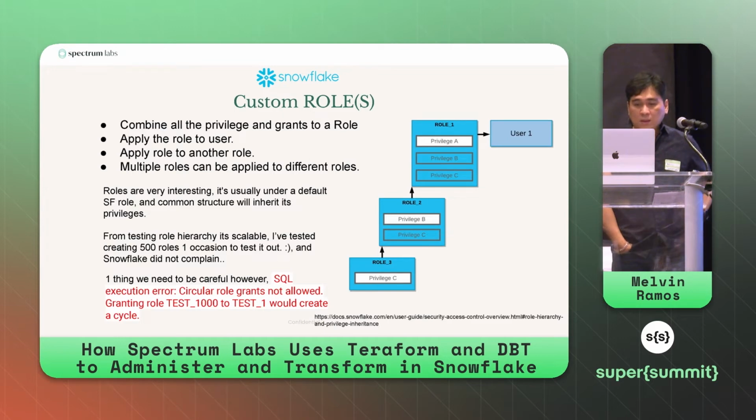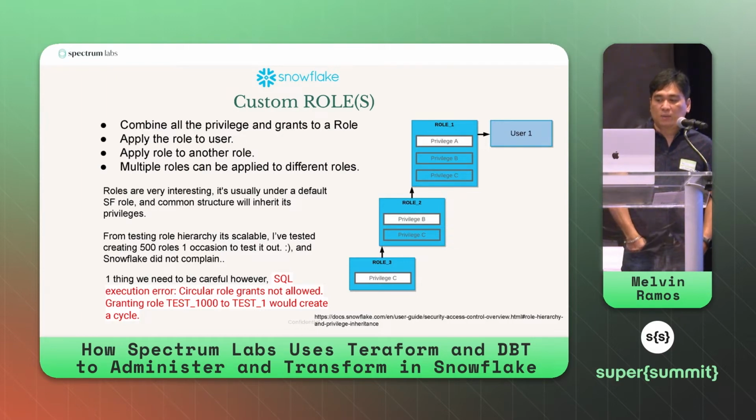So custom role is really interesting, right? The way that Snowflake has it is set up as a hierarchy, right? So for example, you create a privilege, and on that privilege you assign it to a role, and then you assign a role to that role. That will be inherited by the role that you assign it to.